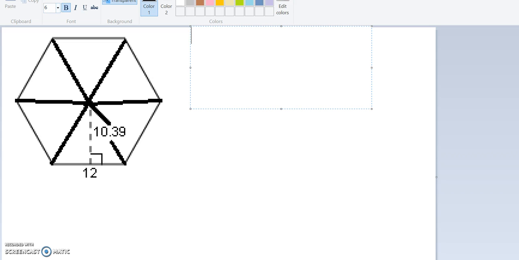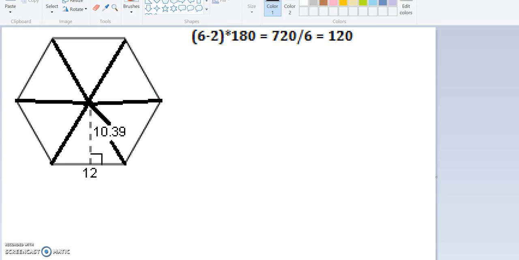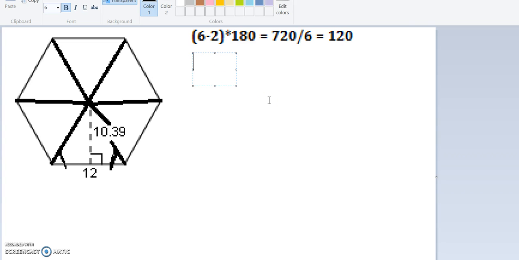So I'm going to go ahead and do 6 minus 2 times 180, which we said was 720. Go ahead and divide that by my number of sides, and I get that each is 120. Then I want the degrees in my base angle, so I cut that in half. So I get 120 divided by 2 is once again 60 degrees.